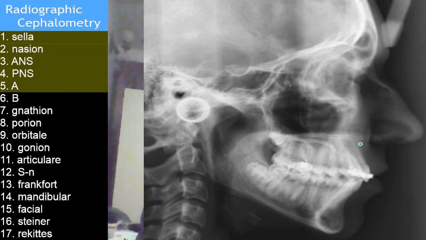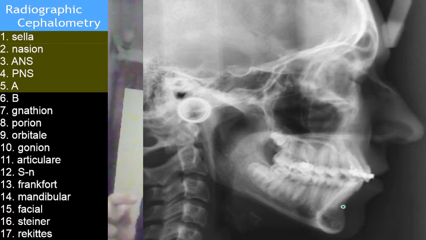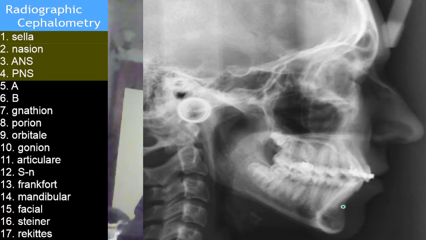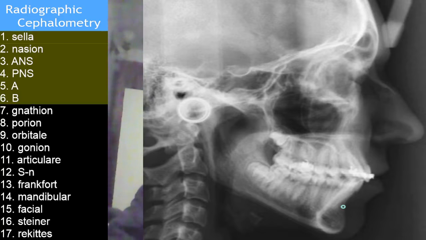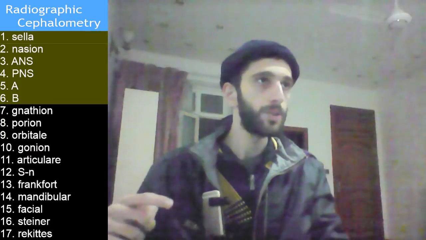Let's move to point B. The definition of point B we have in the book. It is the most posterior point of the concavity on the anterior surface of the mandible in the midline, above the pogonion.